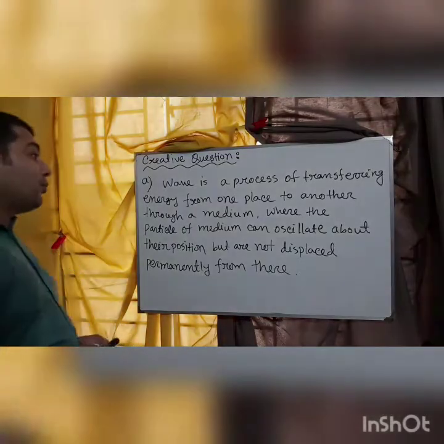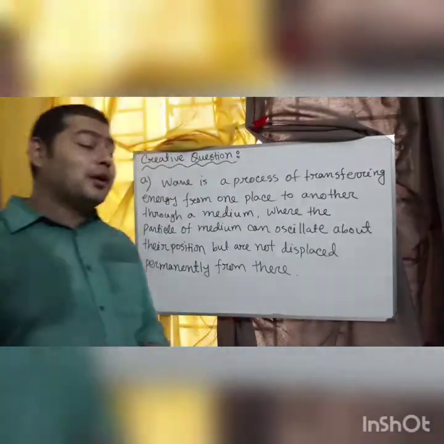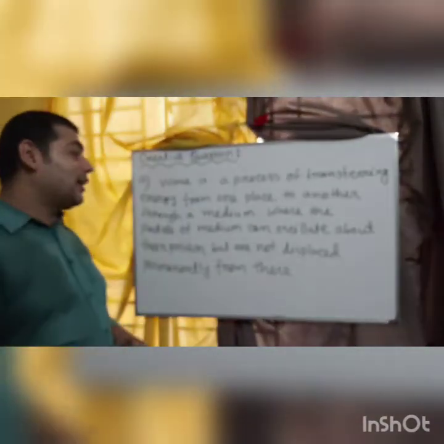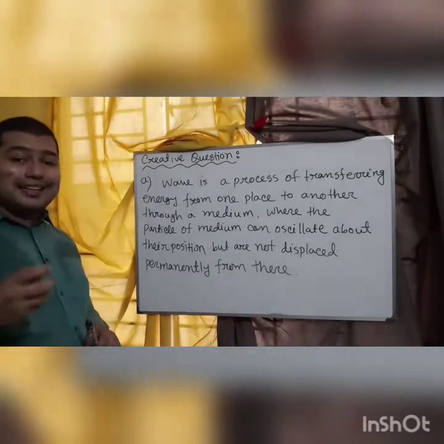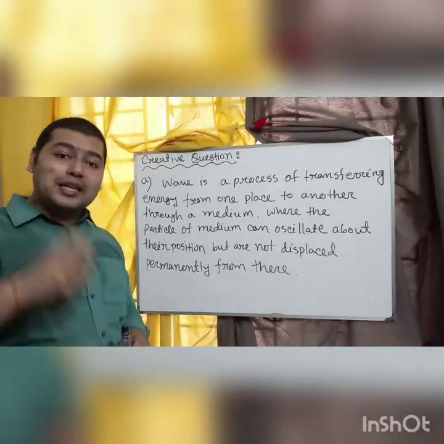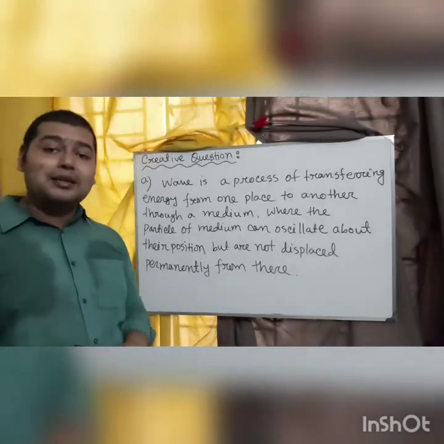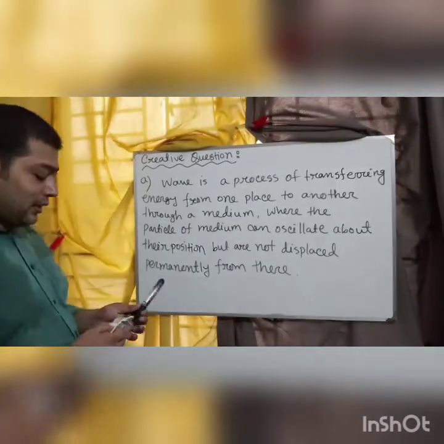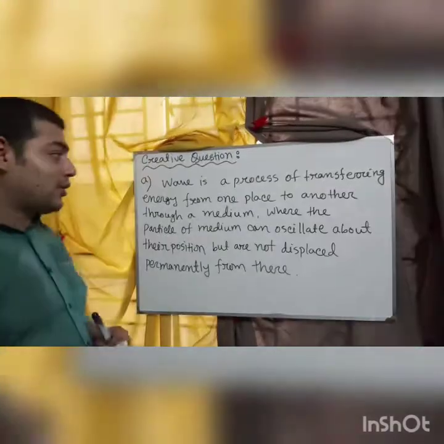So we know that the main characteristic of the wave is transferring energy from one place to another, and the particles do not exchange their places, they are only oscillating about their position. Okay, so this is also a very important type of knowledge based question.